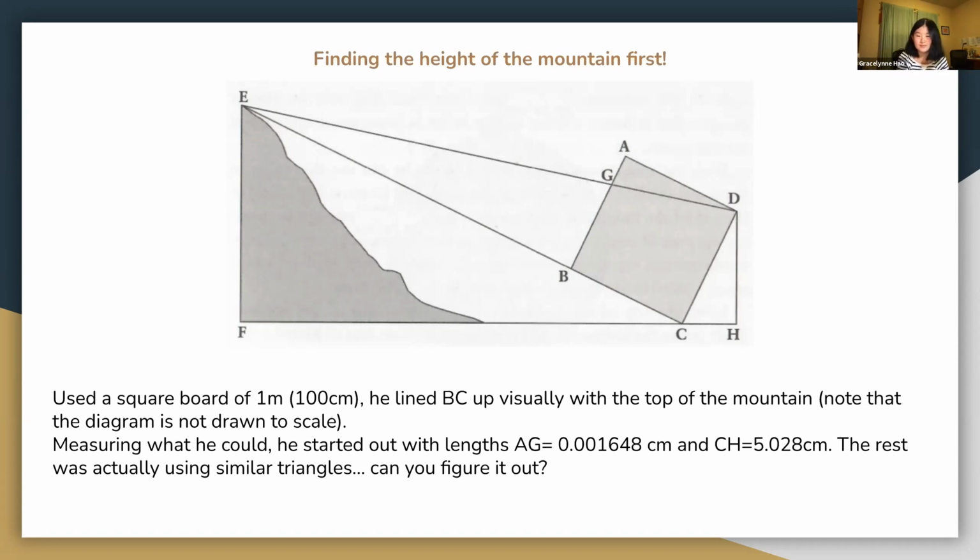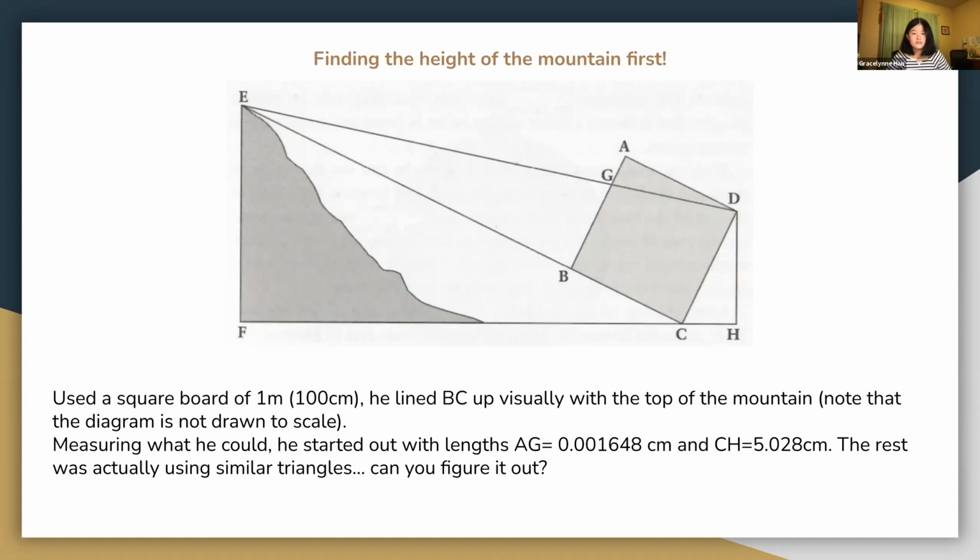He lined up BC visually with the top of the mountain that he could see. Again, note that the diagram is not to scale, because he obviously could not find a square that big to help measure the mountain. But measuring what he could, he started out with the length AG, which he found to be 0.001648 centimeters, and also the length of CH, which was equal to 5.028 centimeters.